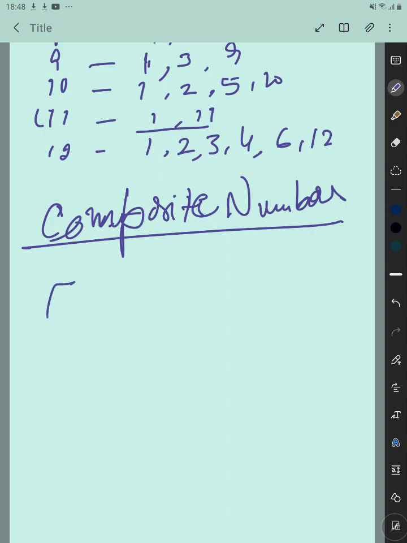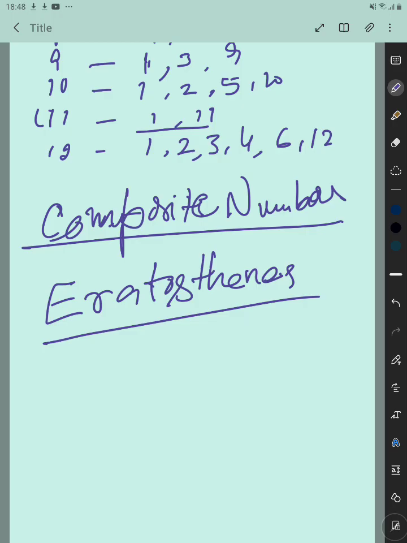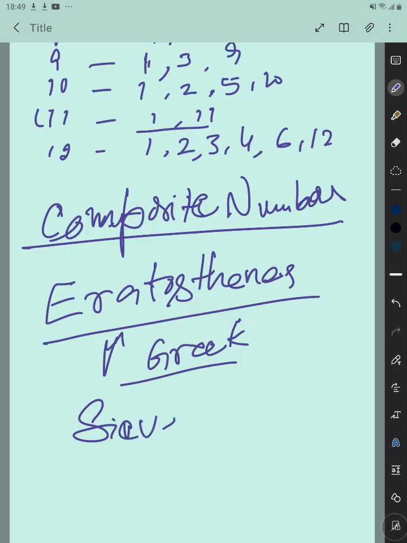Its spelling is this: Eratosthenes. This Greek mathematician gave a method called the sieve. A sieve means to select some and let the others pass.